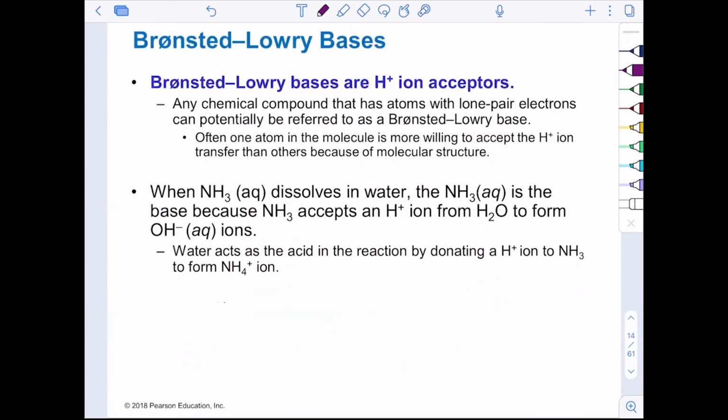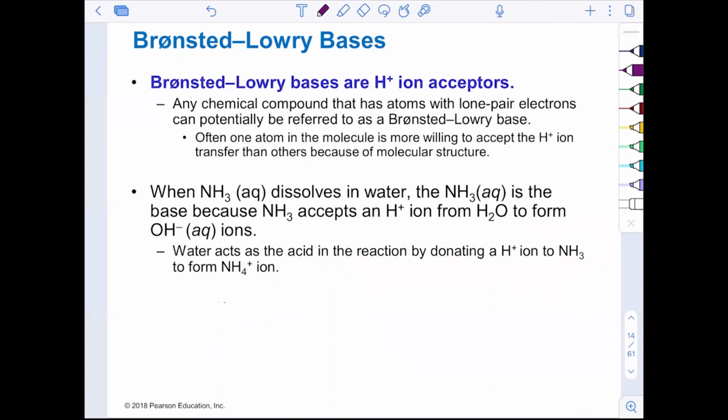Same thing for bases. Bases are proton acceptors. And so when any chemical compound has an atom with lone pair electrons, it can be potentially referred to as a Bronsted-Lowry base. Often one atom in a molecule is more than willing to accept a H plus ion from a transfer based off of its molecular structure.